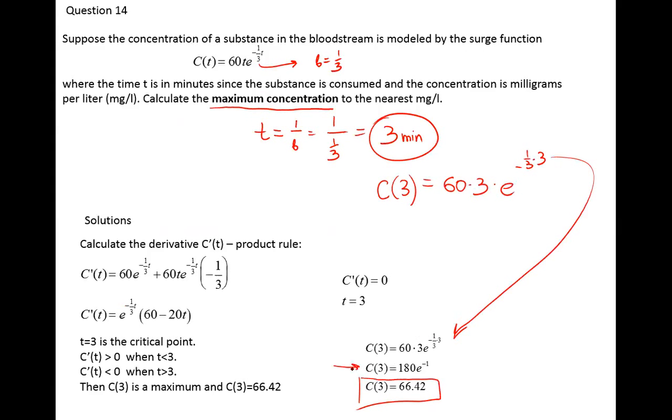Probably on the final test, this will be the final answer, 180 times e to the power of -1, and we can just leave it. But since we can use the calculator for this test, we can have the value. But on this slide, when we're asking for the maximum concentration, we really need the value of the function c at the maximum time, which of course is 3. We know right away.